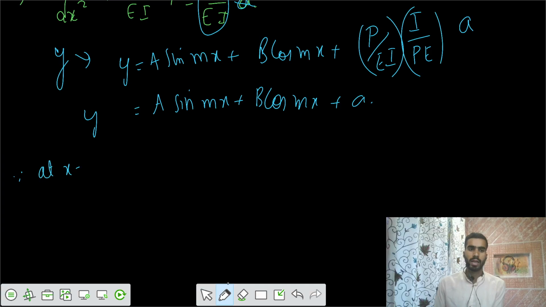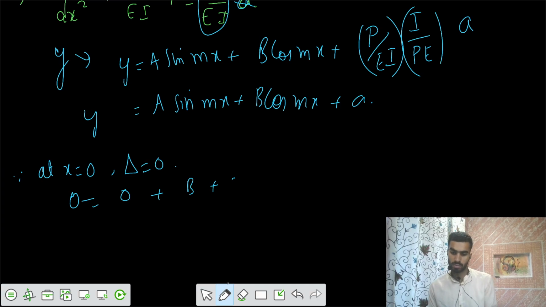And at boundary condition at x equals to L, delta is 0. So that's 0 equals 0 plus B plus. So I got this part now.